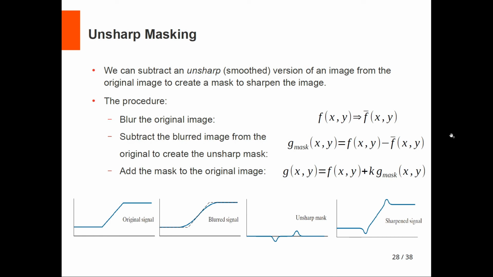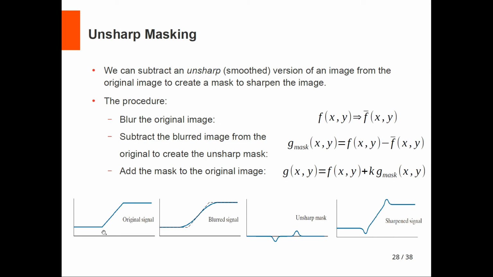Another technique that is commonly used for sharpening an image is called unsharp masking. So in this technique, we can subtract an unsharp or a smooth version of the image from the original image to create a mask to sharpen the image with. So let's just look at this one-dimensional example.